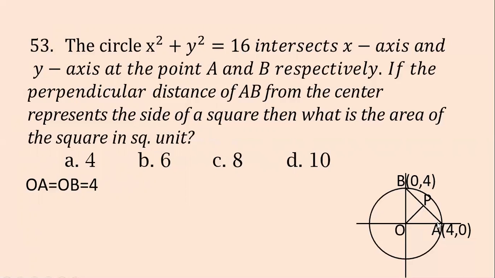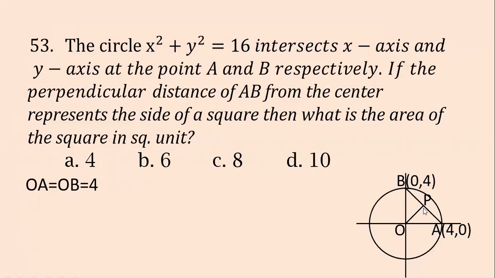Again, the angles at A and B are 45 each, because OA and OB are equal and the angle at O is 90 degrees.